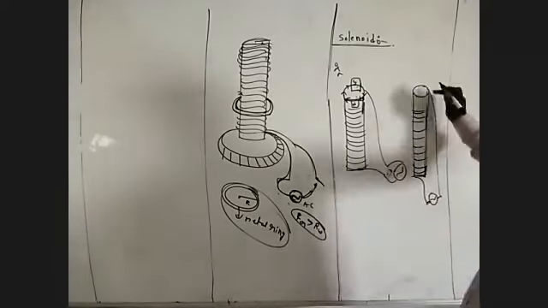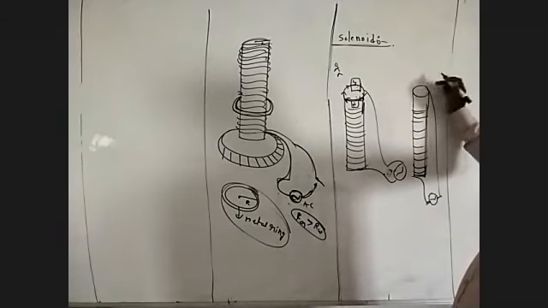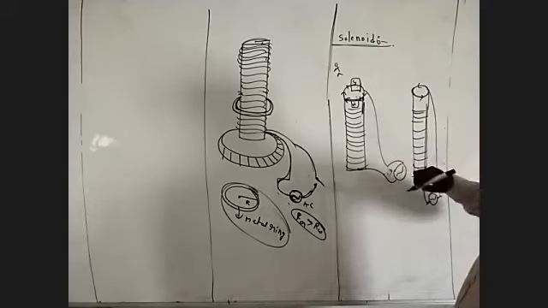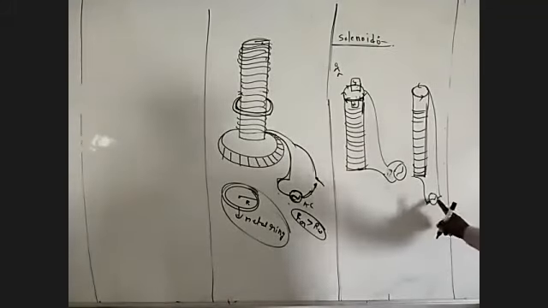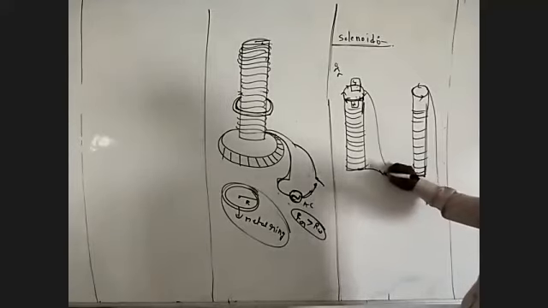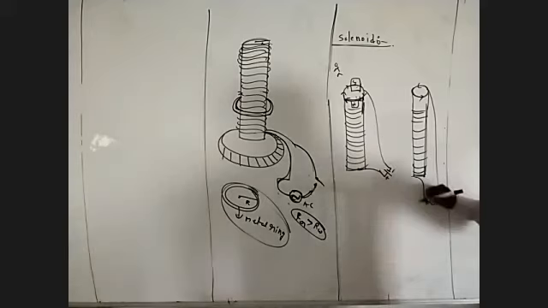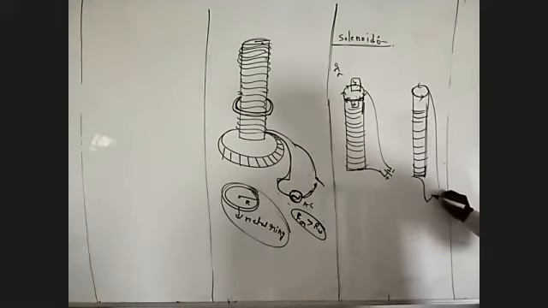This is the direction of current in the ring: anti-clockwise. The direction of current is reversed. Suppose, for example, positive and negative are reversed, a reverse supply.